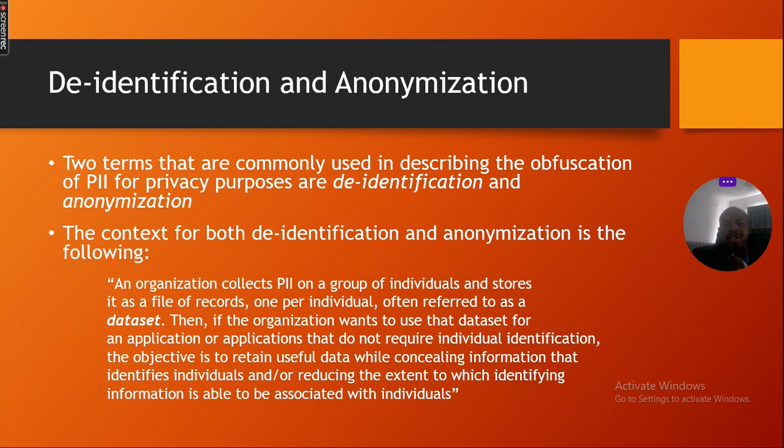So when the hospital carries out research and collates this data, when they want to publish it, they have to carry out de-identification or anonymization by removing sensitive personally identifiable information, such as the name, the address, and the social security number of the individual.